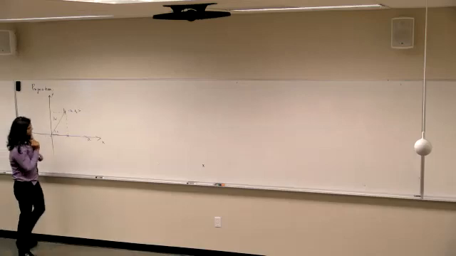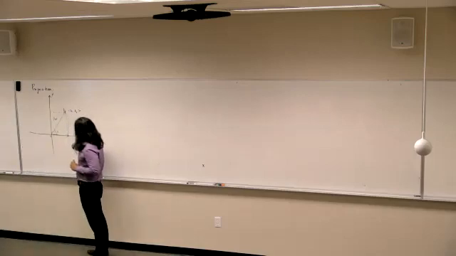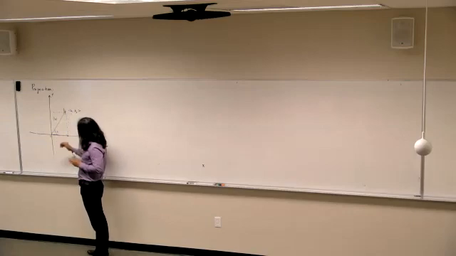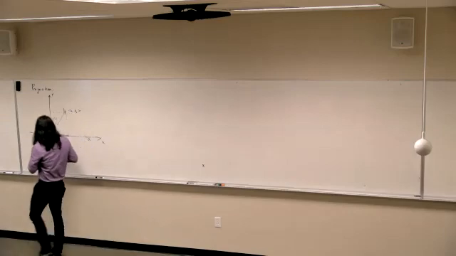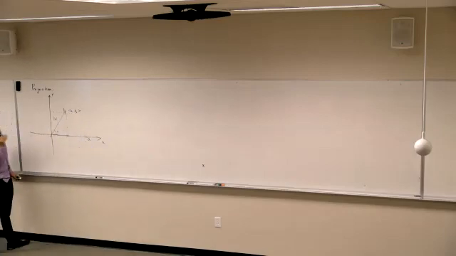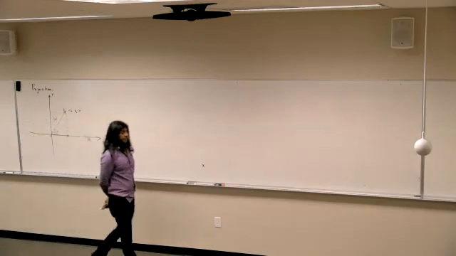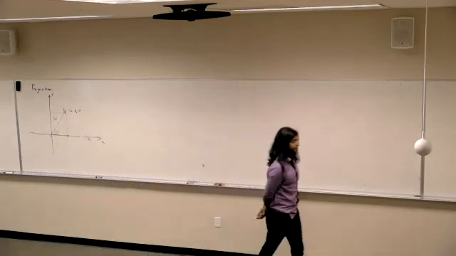But if someone wanted to write this in terms of theta, how would you write it? How would you write B1 in terms of theta? B2 in terms of theta?